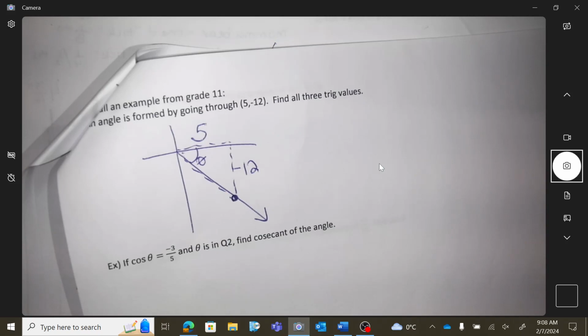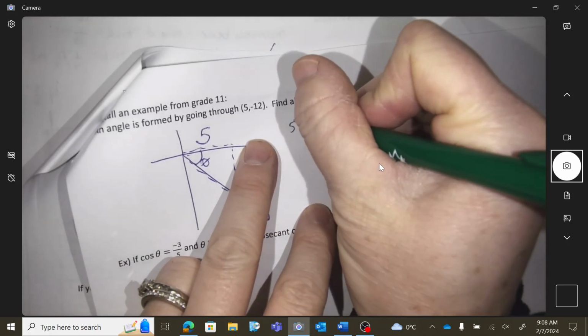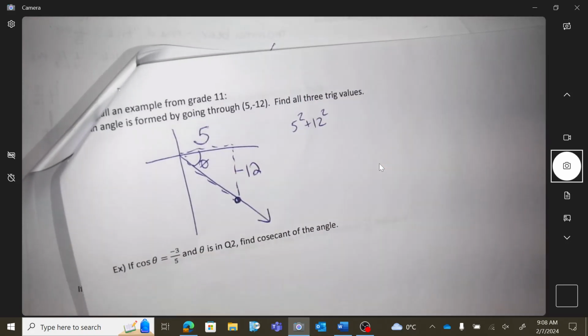So on this, I'm going to suggest with trig, here's my one sentence of suggestion. Don't put negatives into the math. Understand negatives in locations. So just do 5 squared plus 12 squared. You're not thinking about a negative 12 in the math work.